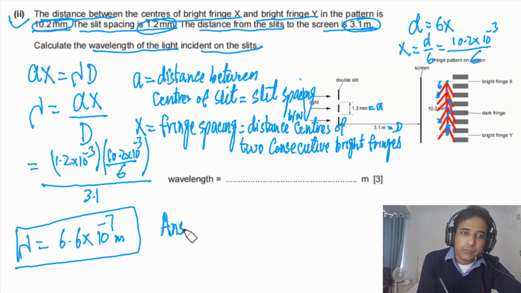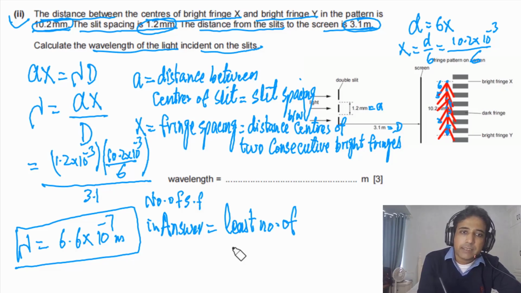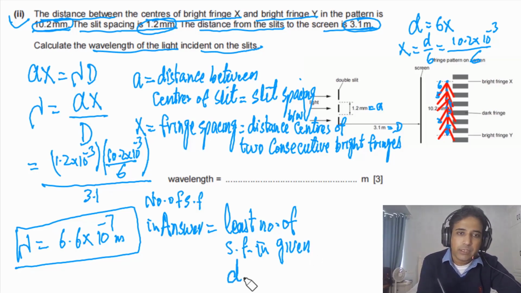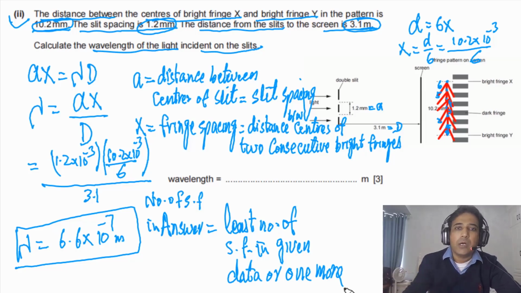The number of SF in the answer should be equal to the least number of SF in the given data. This is the rule we follow, but you can use one more, which is also acceptable. So this is how we need to answer.